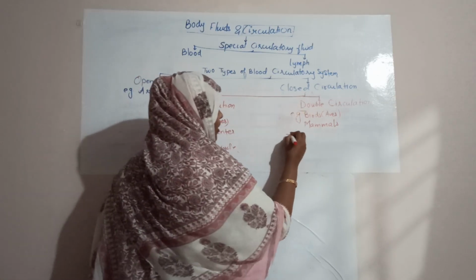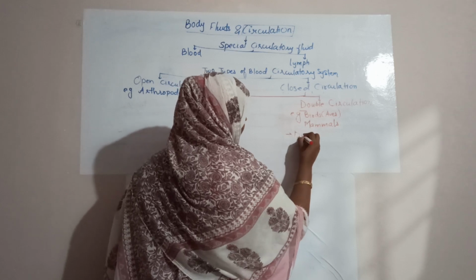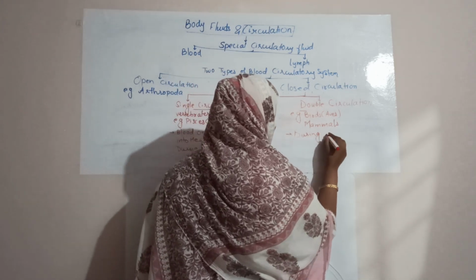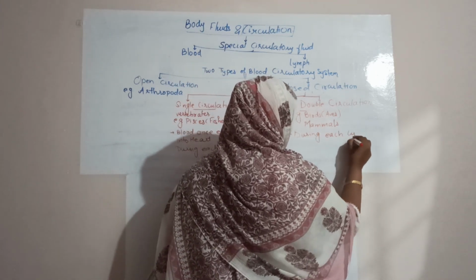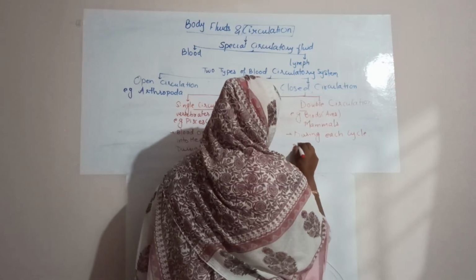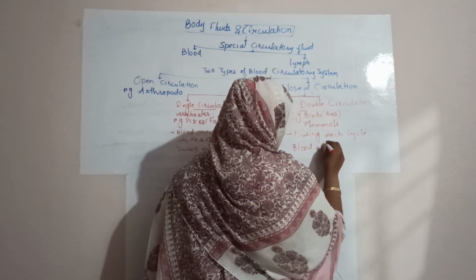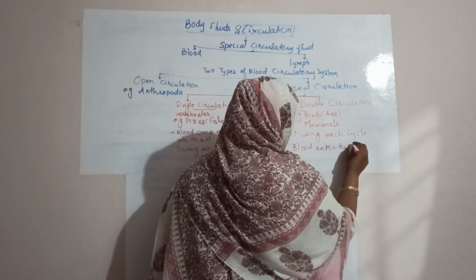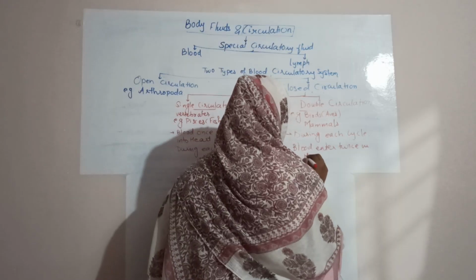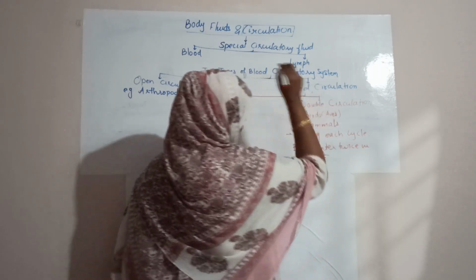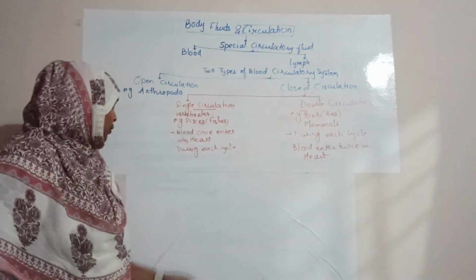But in double circulation, during each cycle, blood enters the heart twice. Okay, this is known as double circulation.